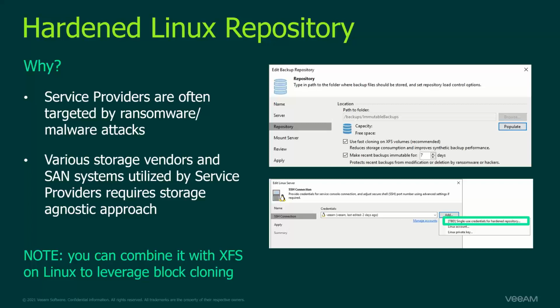And so if you follow a certain guideline and disable root user external login, the Veeam service can set the flags for immutable backups, but no one can remove those backups until the interval is reached. In this case, it's 7 days.